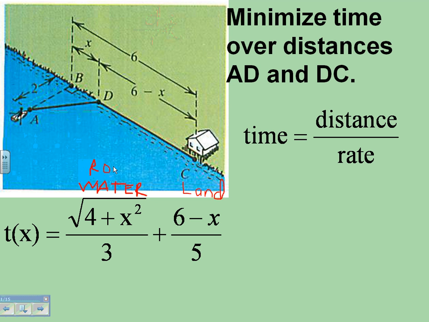Rowing and walking. Okay? There's the two distances divided by rates. What's the x represent? Well, the x represents how far down you're going to this point. What is the best place, how far down to go from the perpendicular distance b? That's what x is. So you have your equation.